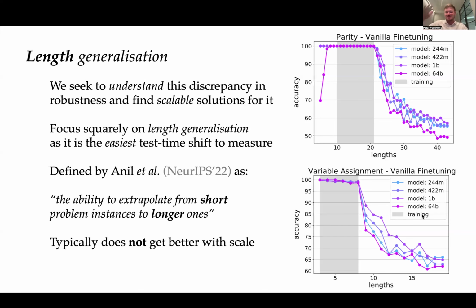So every curve that you see in this plot is a different level of scale, from 200 million parameter models to 64 billion parameter models. And you can see the performance doesn't really improve when you change the scale. In fact, sometimes it might even get worse. So basically, this is one of the reasons why this is a tricky problem, because you can't easily solve it just by throwing more compute at the problem.